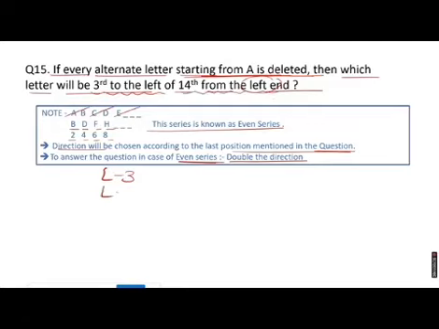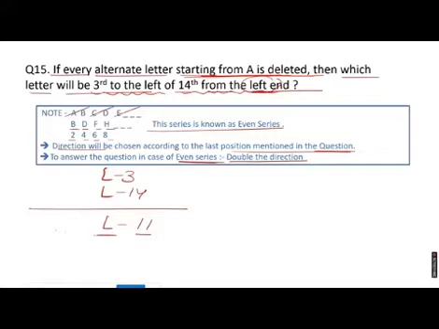In this case, both the directions are same, so we have to subtract the values. So here we are getting 11, and the last direction mentioned here is left, so I have written left over there.